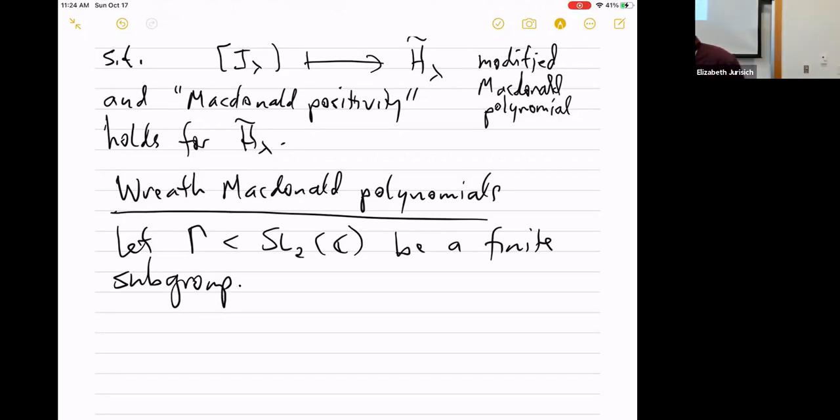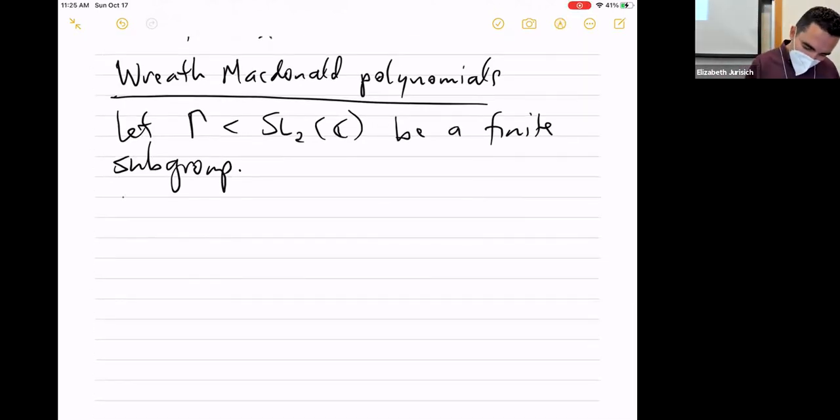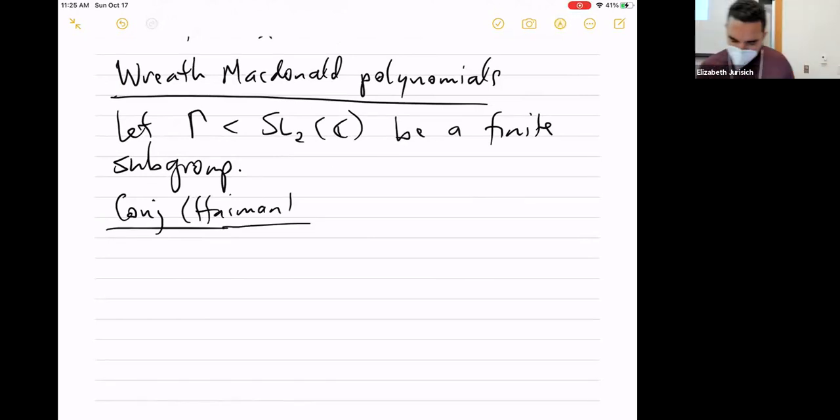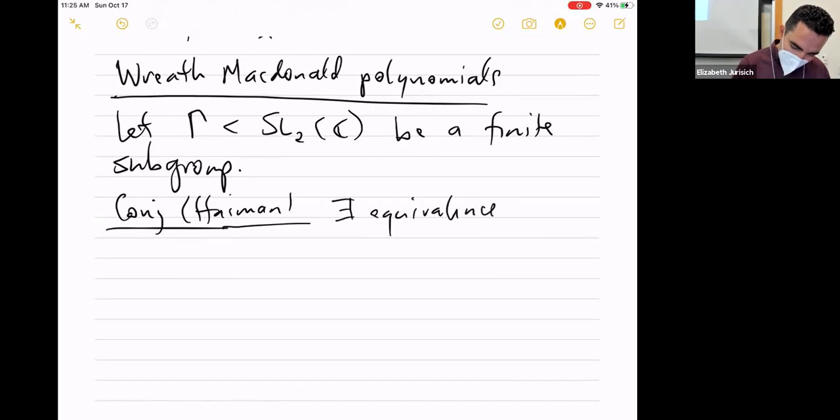Then Haiman conjectured, shortly after his proof of Macdonald positivity, that there is an equivalence as follows. So a derived category of coherent sheaves on Hilb.